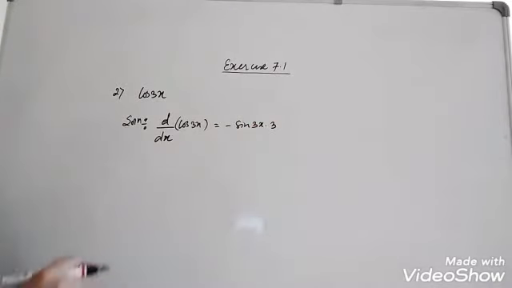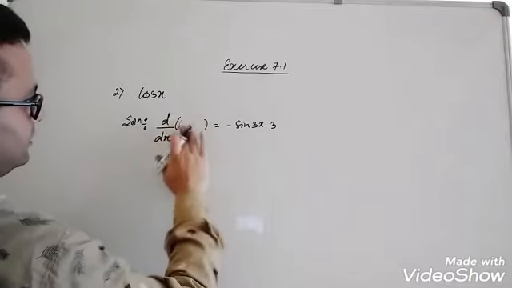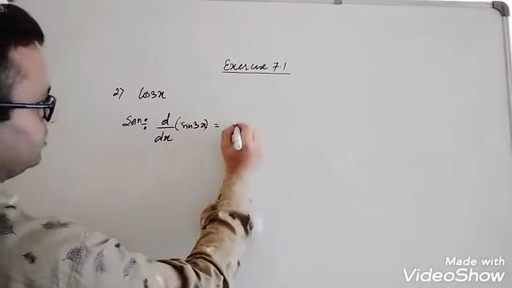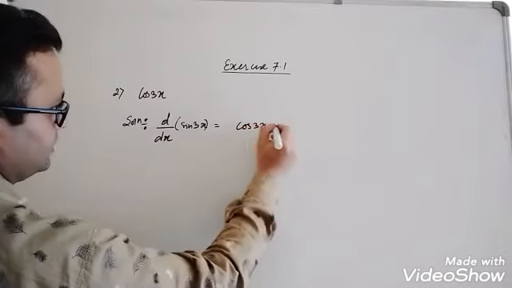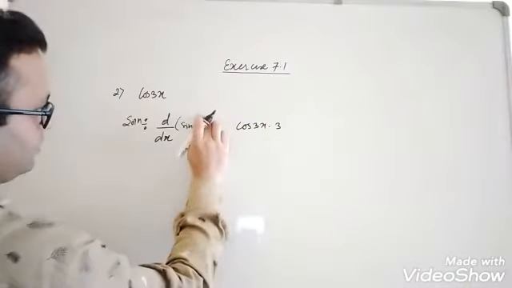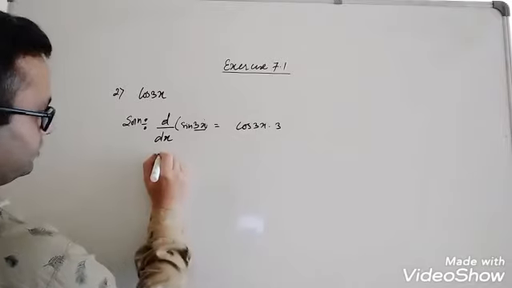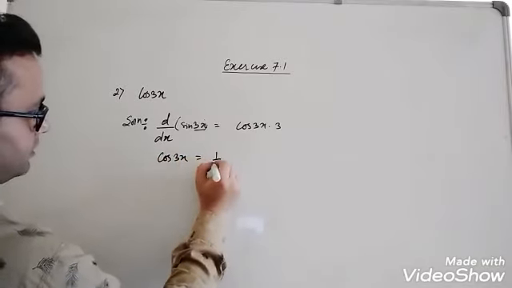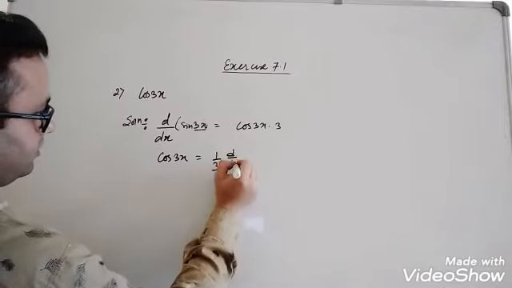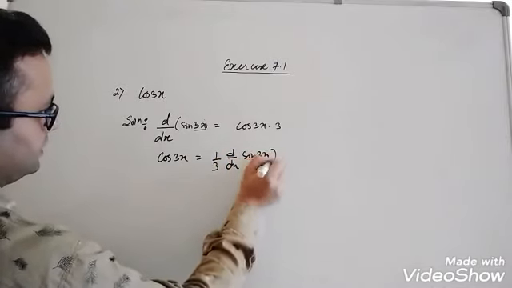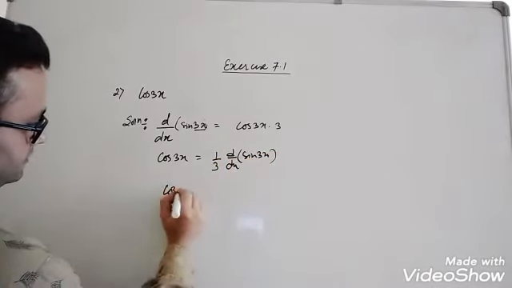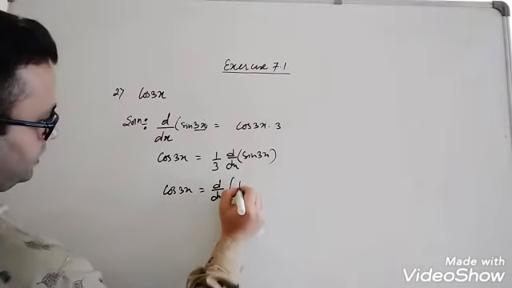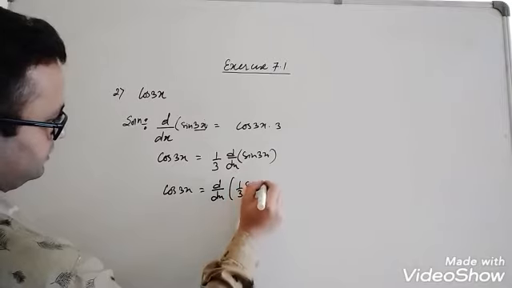No, d/dx of sin 3x, here it is sin. d/dx of sin 3x equals cos 3x into 3, because the differentiation of 3x is 3. So cos 3x equals 1 by 3 d/dx of sin 3x. So cos 3x is d/dx of 1 by 3 sin 3x.